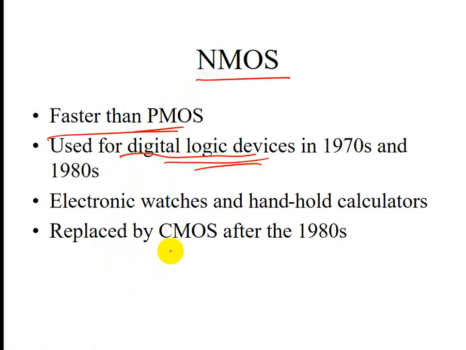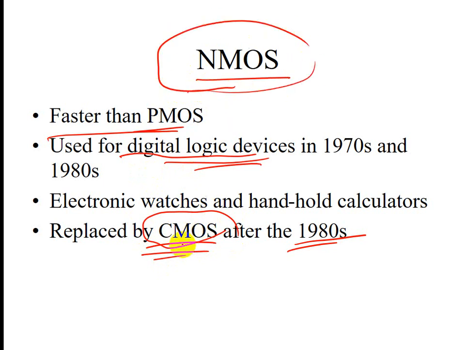Okay, and later on it's being replaced by CMOS, complementary MOS, after the 1980s. The CMOS has better stability than NMOS. It also has better resistance to noise.